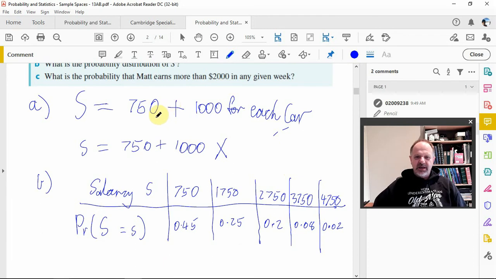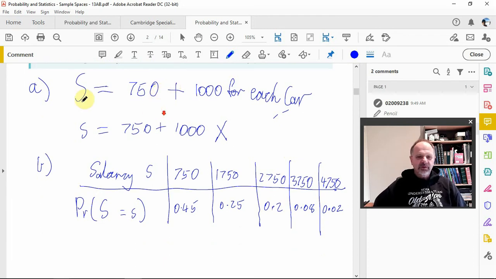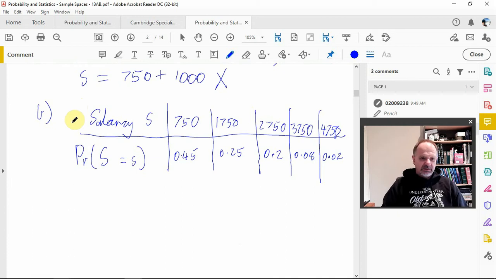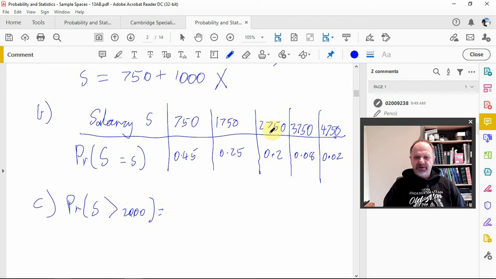All right. What is the probability Matt earns more than $2,000 in a week? That's the probability that the salary is greater than 2,000. So that's 1,750. That's 2,750, so that's more than 2,000. So we're interested in those ones there.